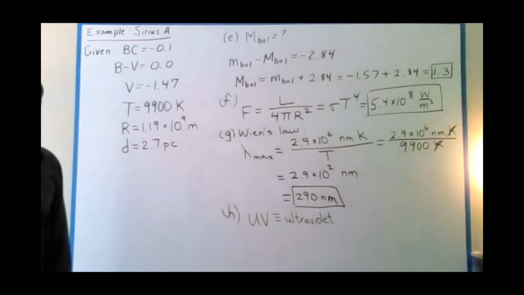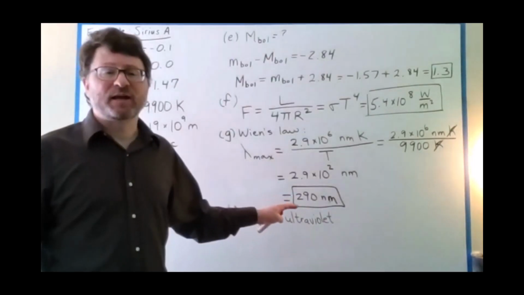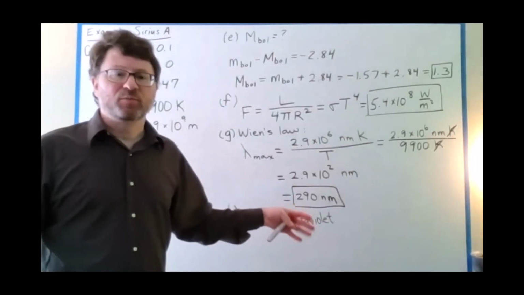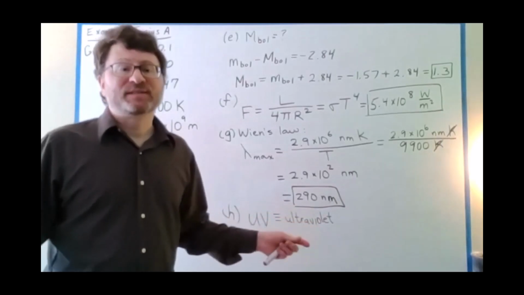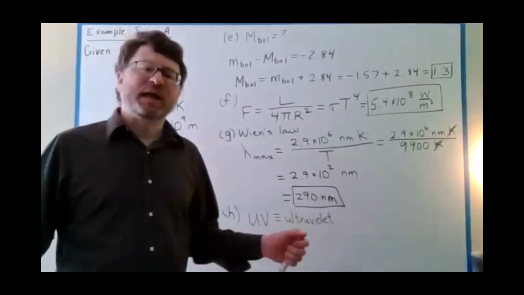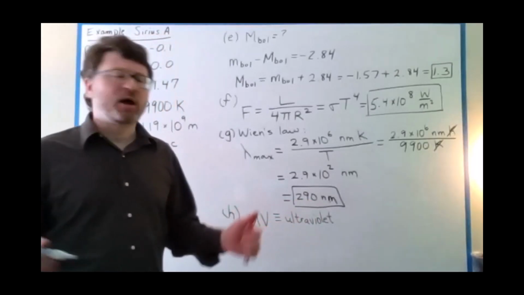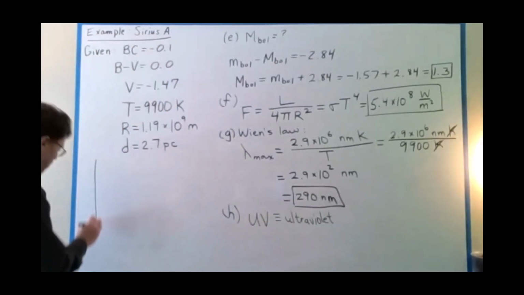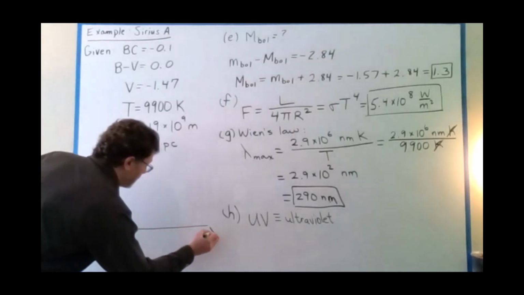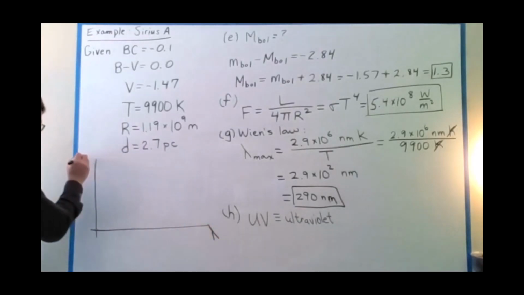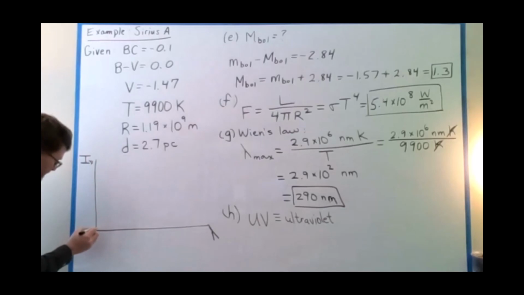Now that we know where this peaks, at 290 nanometers, we can be a little more precise about what we were saying earlier. What color would this appear? At least we can draw the spectrum a little more precisely. I'll be honest that this spectrum is still an approximation.